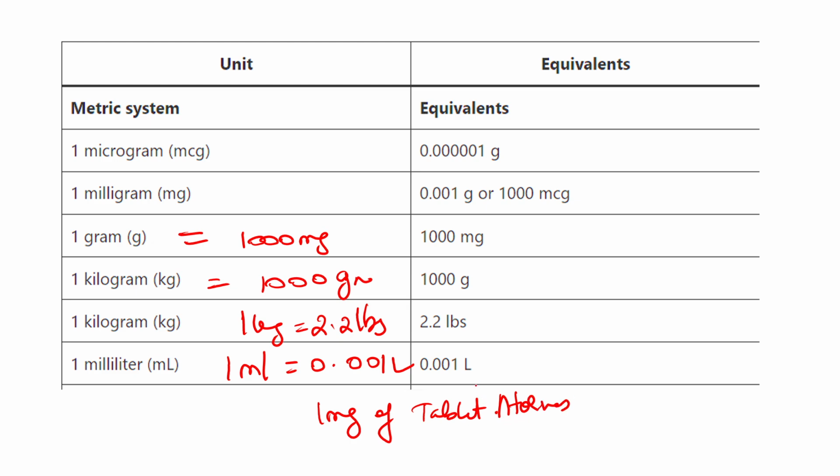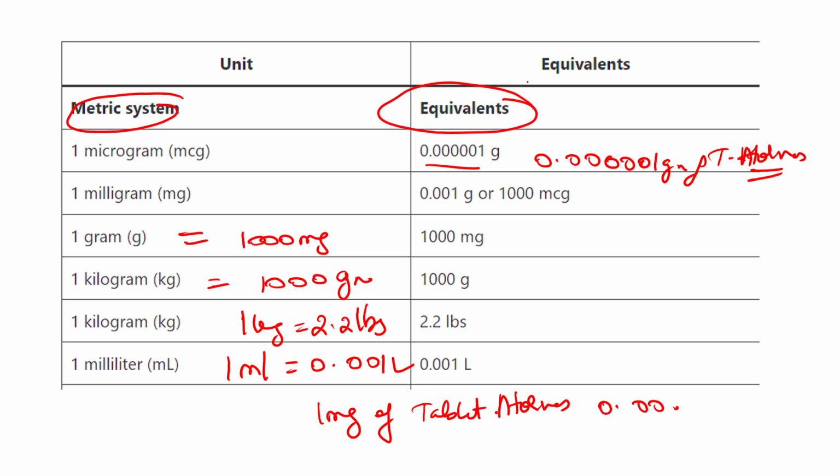Otherwise, instead of 1 mg I can also write it as 0.001 gram of tablet Atorvas. We can write in both ways. Understood? So this is the metric system and this is the equivalent value.